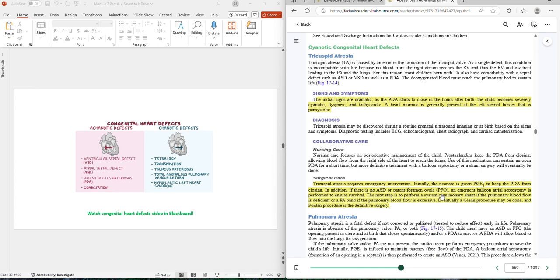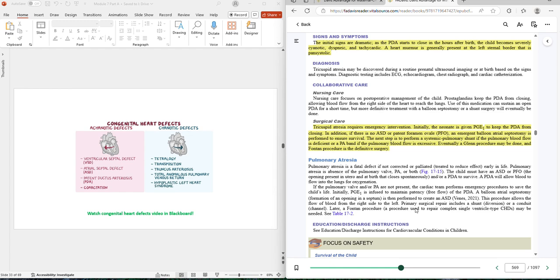You're notifying the pediatrician immediately. They're ordering that PGE1, and that's going to keep that PDA from closing until surgery can happen. All right. So just make sure you read through this. Then they'll have the Glenn procedure done, and then the Fontan is the definitive surgery. Okay.